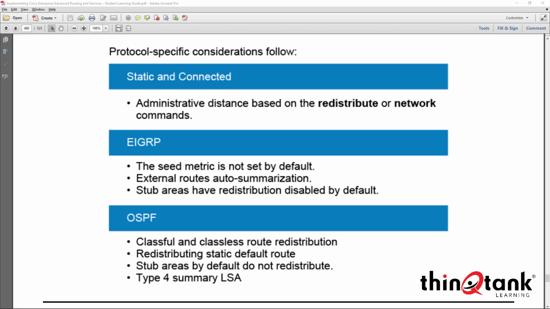If BGP is redistributed into an IGP, into an interior gateway routing protocol, only the eBGP routes, not iBGP. And again, we'll talk about the difference between eBGP and iBGP when we get into our BGP discussion. But eBGP routes are basically routes that are learned from another BGP autonomous system number, not within our own BGP autonomous system number, but only those eBGP routes that are going to be learned are going to be redistributed.